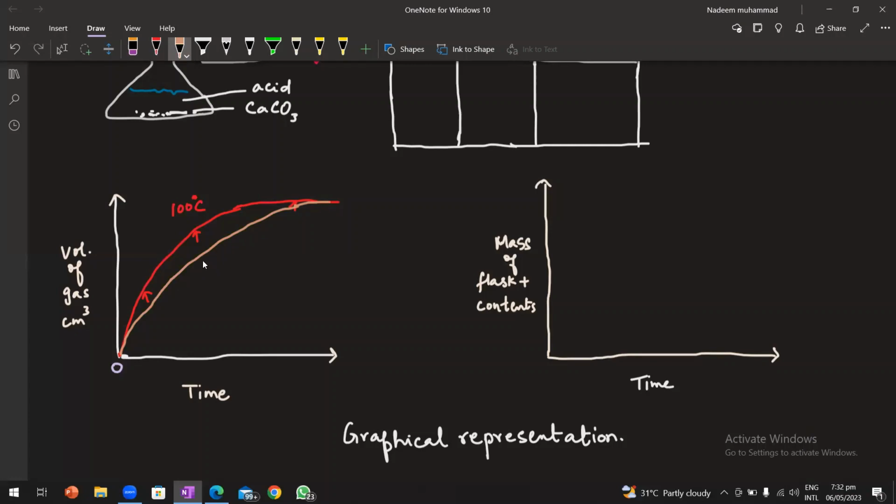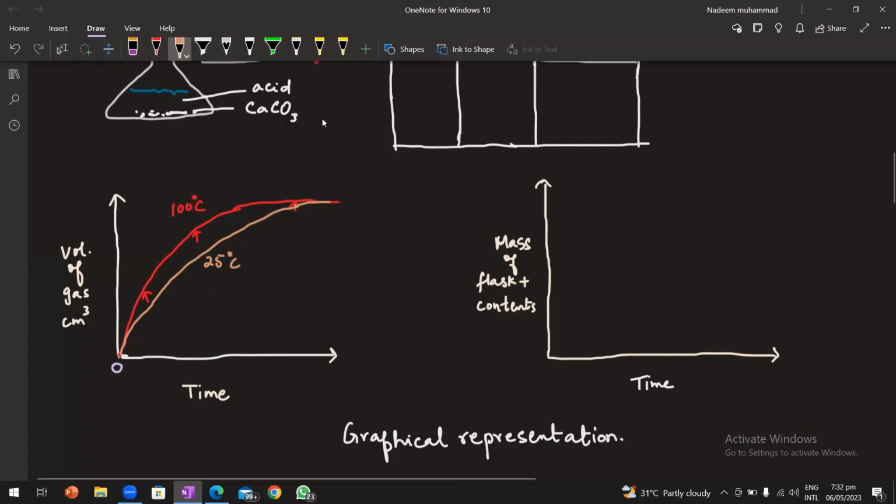You might have performed the experiment at 0 degrees or 25 degrees Celsius. So this is the curve that you will get at a lower temperature. The curve in the red line that I've made, you will get at high temperature, but you will get a lower curve at lower temperature.